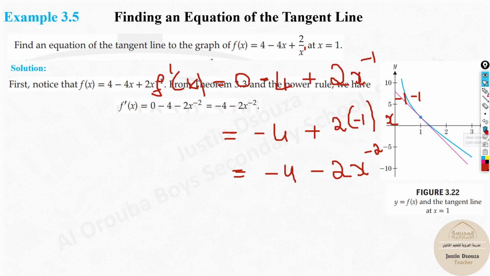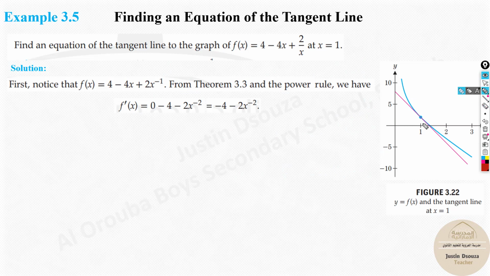But now they want the equation for the tangent line. I just got the slope, that is the m value. M is given now: minus 4 minus 2x to the power minus 2. Sorry, 4 minus. I don't know why I wrote that. Okay. Now, what about the tangent line?